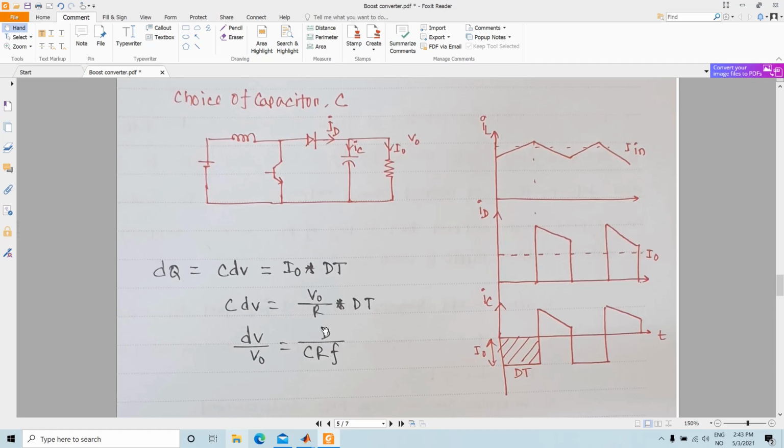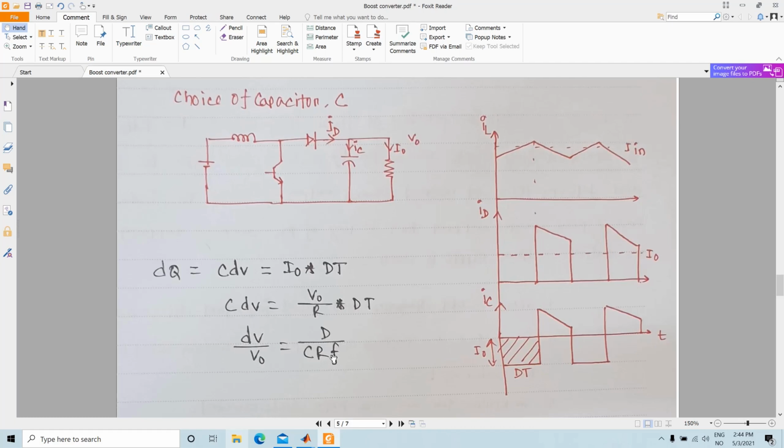your duty cycle D is basically coming from the voltage ratio. So this duty cycle D is set from whatever is your input and output ratio. Depending on whatever output voltage you want, your duty cycle will be defined from that. So you cannot play with this duty cycle anymore in order to change the ripple.